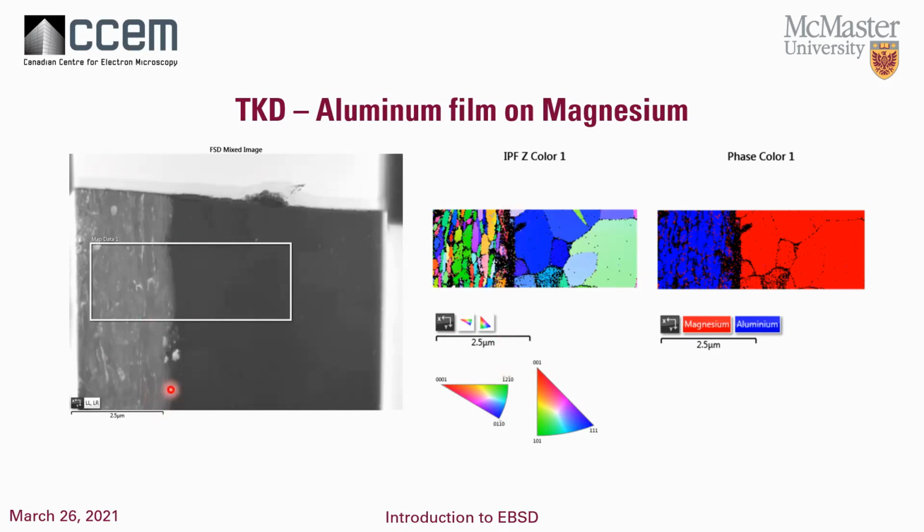Or it might be that there's an actual layer here, which is of different composition that we didn't account for in the data collection. So here we're getting inverse pole figure coloration to give us an idea about the orientation of the grains relative to the inverse pole figures. So we have both the HCP magnesium and, I think, FCC aluminum.